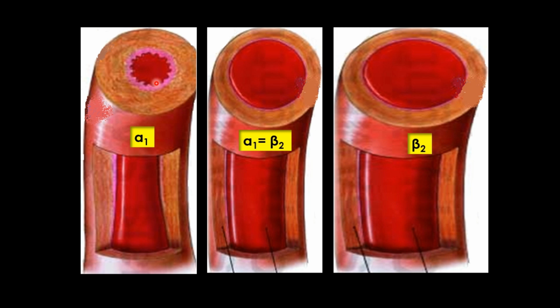The action or location of the beta 2 receptor on smooth muscle is a very wide statement. Wherever the smooth muscle is present, it causes relaxation. So one most important location is the blood vessels.